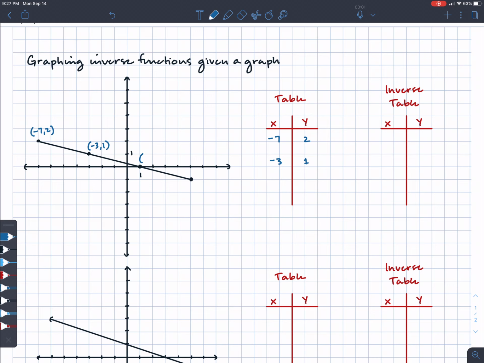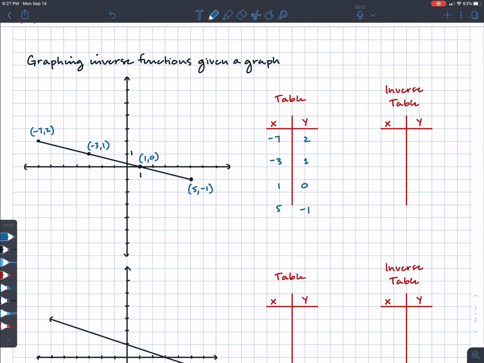I then have a point at 1, 0. And another point at 5, -1. So this is just the original graph that I have, and that's how I pulled those points.